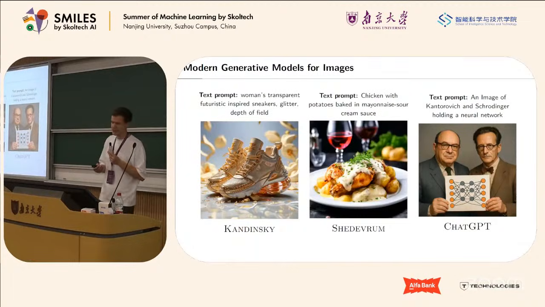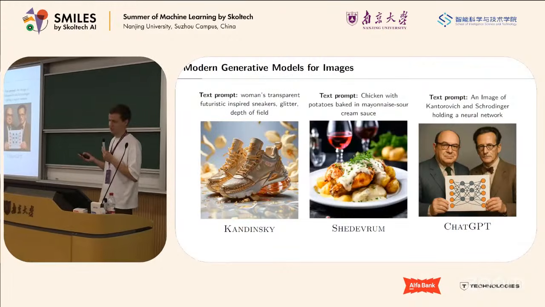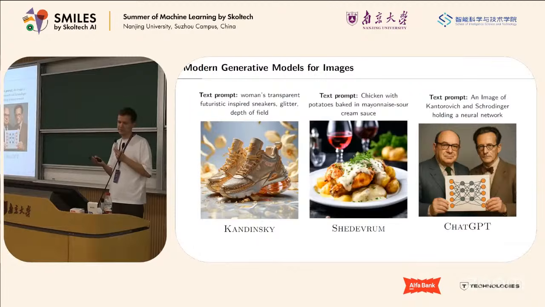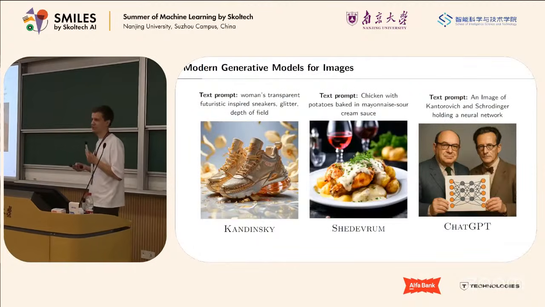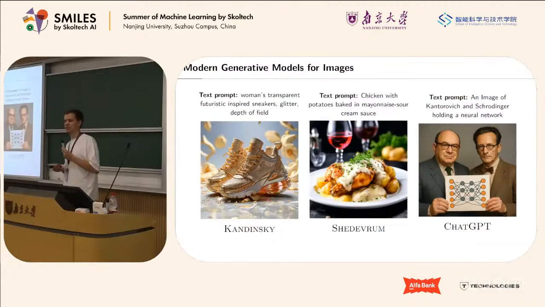And in this field, since approximately 2022, we have so-called large generative models which can produce new high-quality images which correspond to a user's text prompt, for example. In Russia, the most popular models are the Kandinsky model by Sber and the Shedevrum model by Yandex, and also some other generative models like ChatGPT can also draw images corresponding to your text prompt.